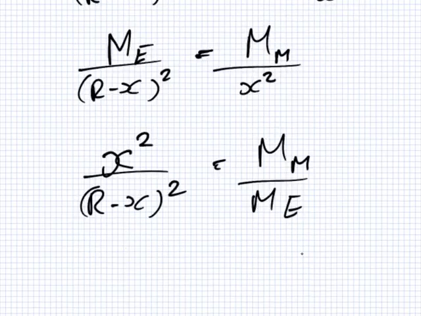Now, do we know the mass of the moon and the mass of the Earth? We do. What was the mass of the moon? 7.18 times 10 to the 22. And the mass of the Earth? 6.02 times 10 to the 24.